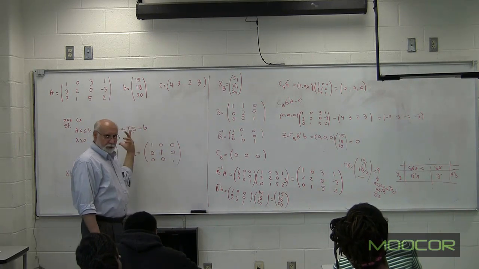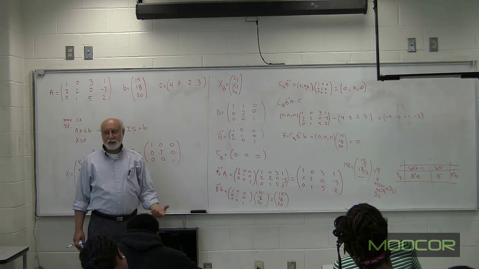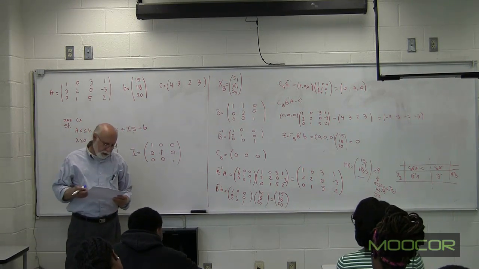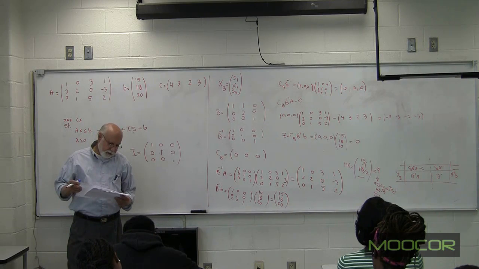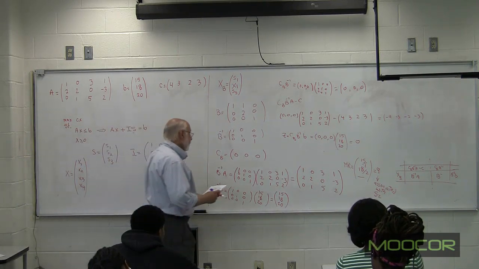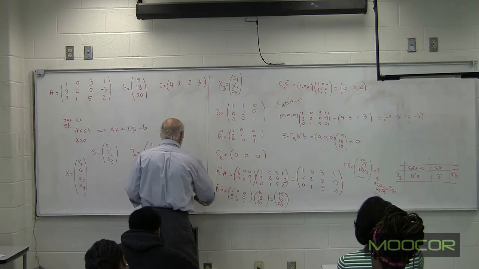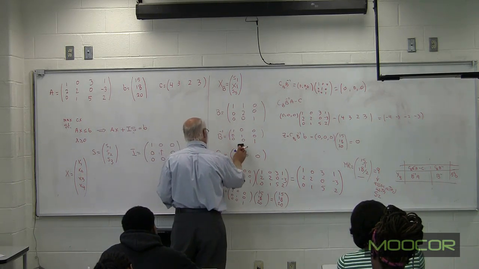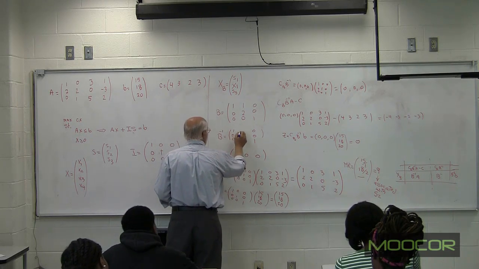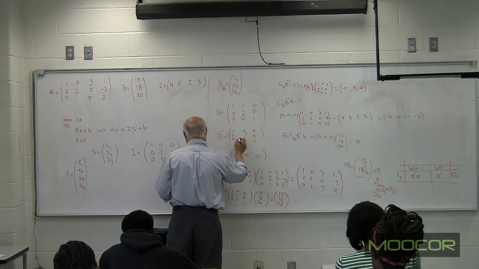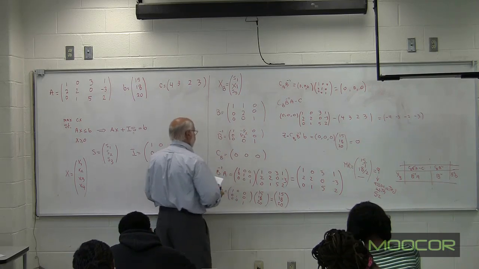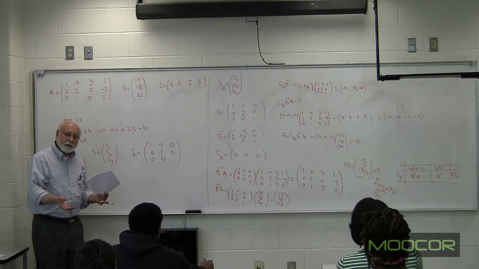Always go back to the original problem. Now, what do I need to calculate? I need to calculate the B inverse. Do I have B inverse calculated here somewhere? The B inverse is going to be negative 1/2, 1/2, and 0. How do I calculate B inverse?